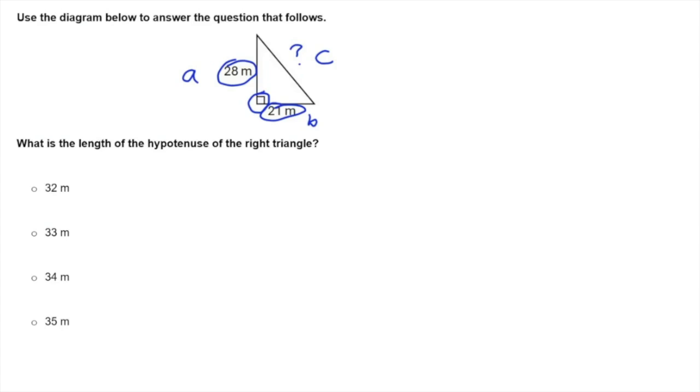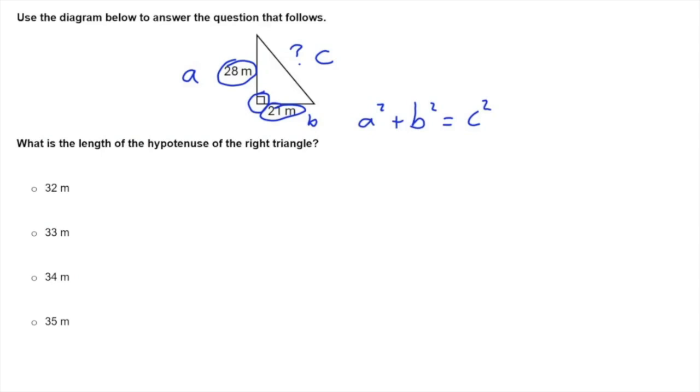All right, this is a perfect problem for the Pythagorean theorem. So let's remember our formula. Remember your ABCs. A squared plus B squared equals C squared. All right, we'll start by filling in the parts that we have.